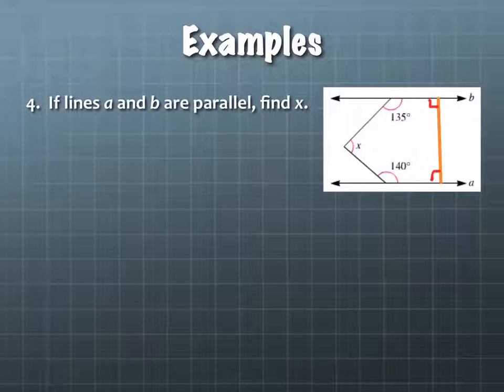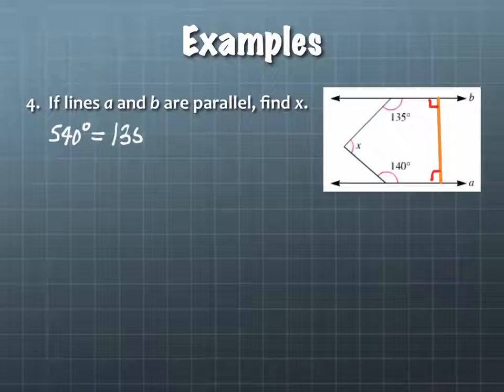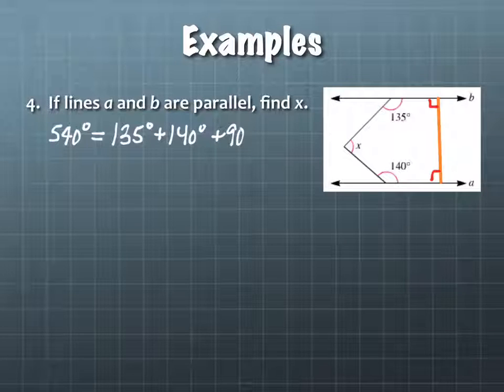We can put that line in and create a pentagon. So if we do it that way, then 540 is going to equal all of these angles. So I've got 135 and 140 and 90 and another 90 and my missing x.